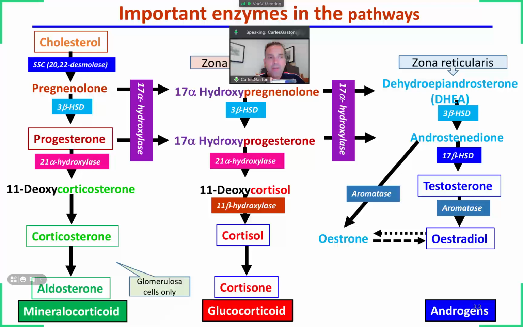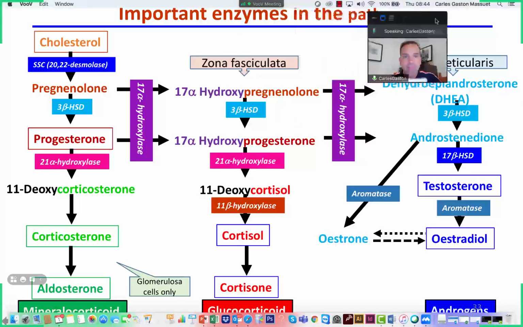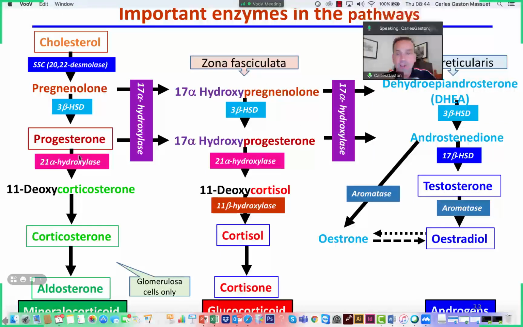So here then is the pathway that I've shown you before, but it includes all the enzymes. Some of these enzymes, when they don't work, produce very severe disease. For example, we are going to study adrenal hypoplasia or overproduction of androgens, or what happens if there is no aldosterone, or if one of these enzymes doesn't work and there is too much cortisol.